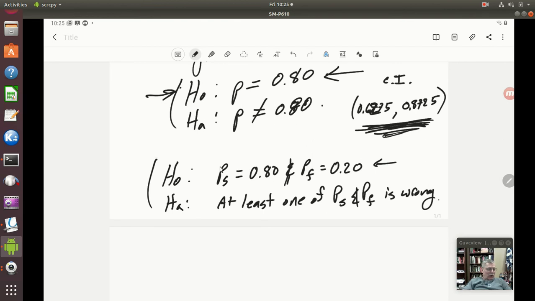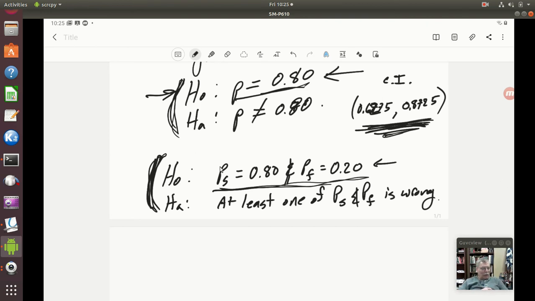I just want to point this out for the later stuff on the chi-square goodness of fit test: when we do this hypothesis test up here, we could have just as easily done this one down here with a goodness of fit. A single proportion again is really two proportions for a given variable.